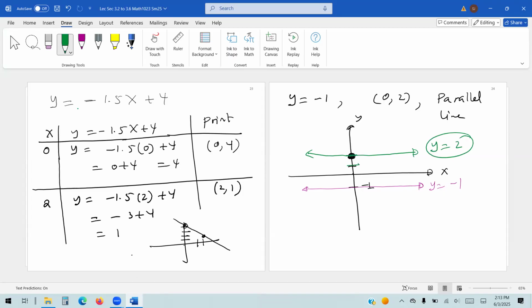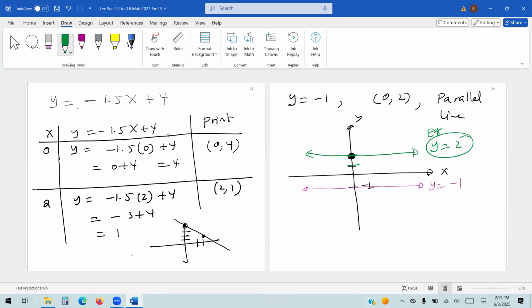Okay, so if they want you to draw the graph, you just plot the points and then connect them. You can plot one point here and another point anywhere, and then select your line to connect the 2 points. And if they ask you to find the equation, this is the equation of the line.